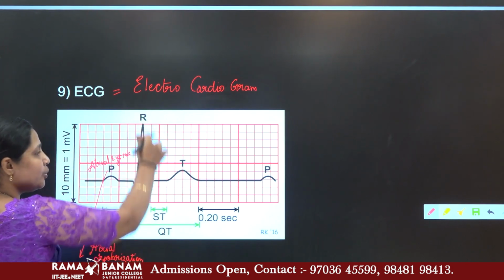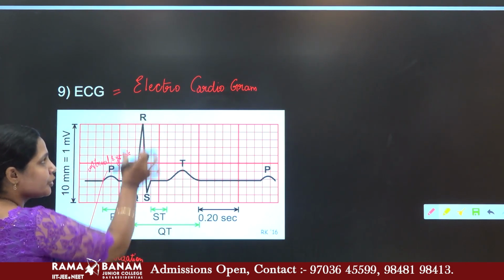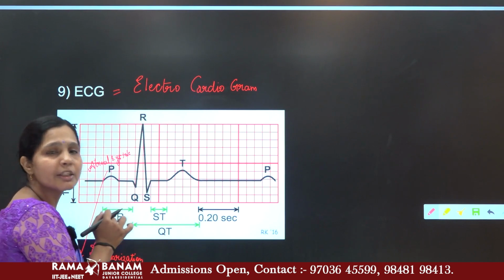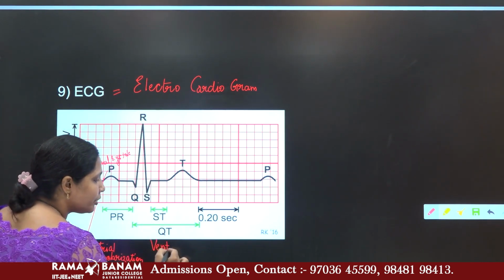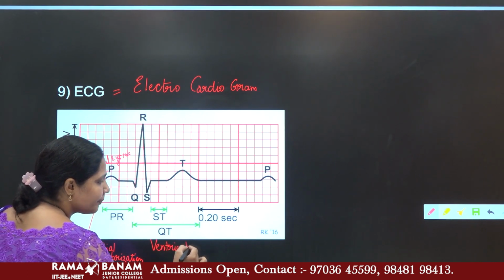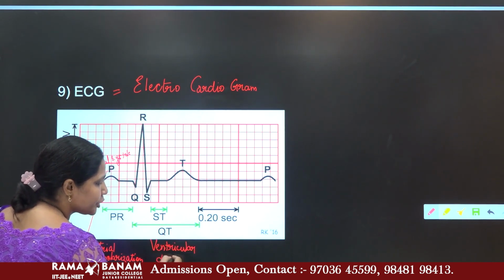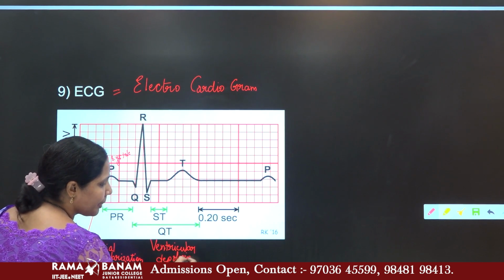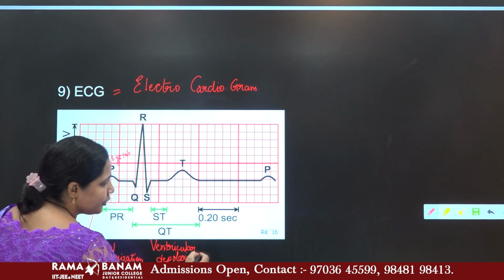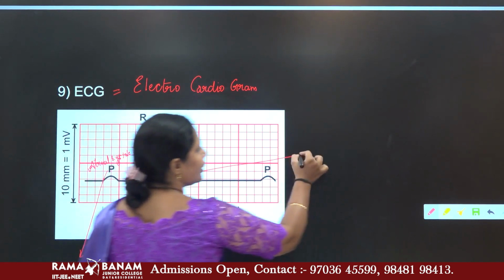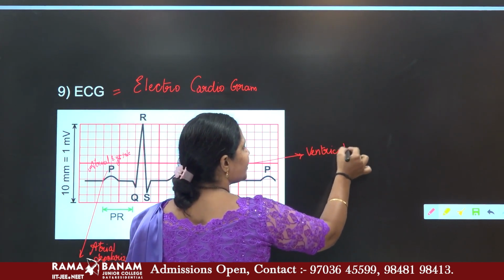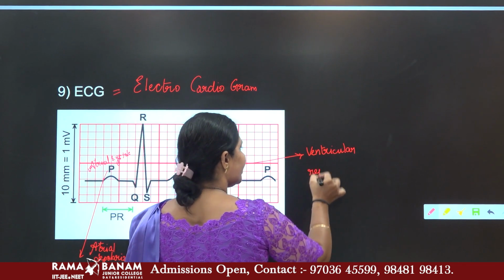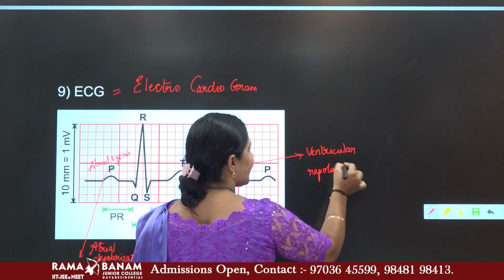So, this QRS wave, together we call it as QRS complex, corresponds to ventricular depolarization, whereas the T wave represents the ventricular repolarization.